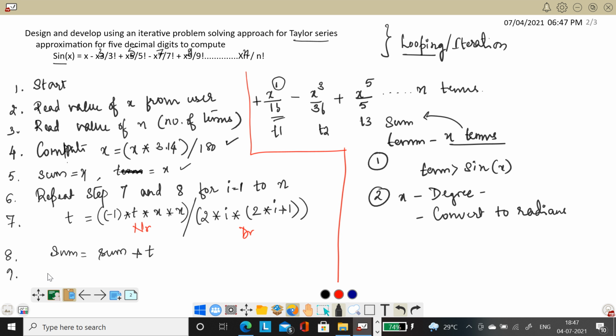Ninth, display sum, and 10, stop. We'll just trace that.